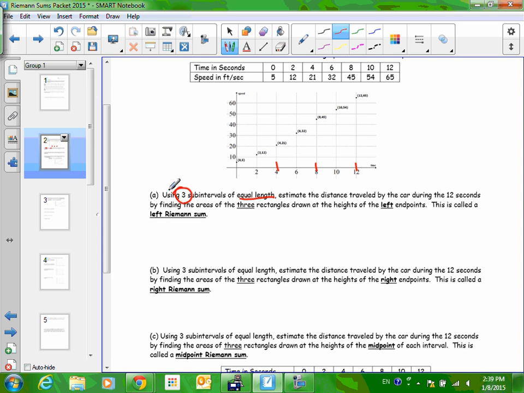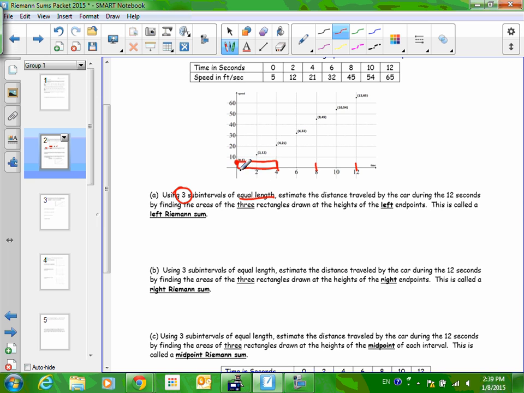In other words, we're going to look at this from a more geometry type standpoint. We're going to use an actual rectangle. In this rectangle for a left Riemann sum, you're going to look at these 3 points right here, and you're going to pick the left one. That's going to tell you how tall your rectangle is going to be. So it's going to be this tall.